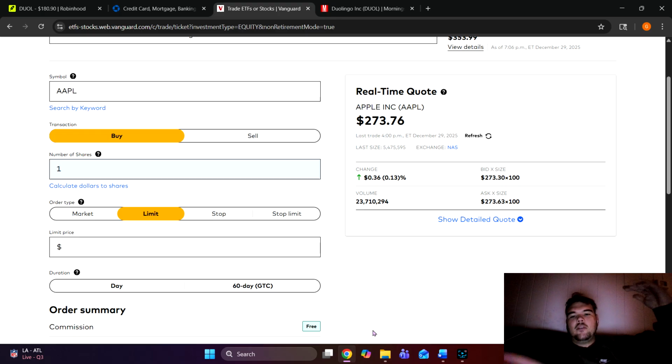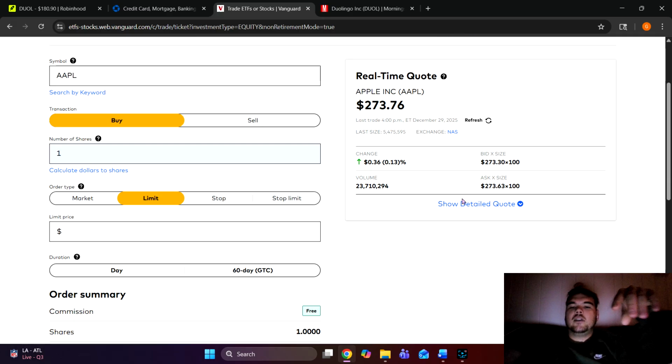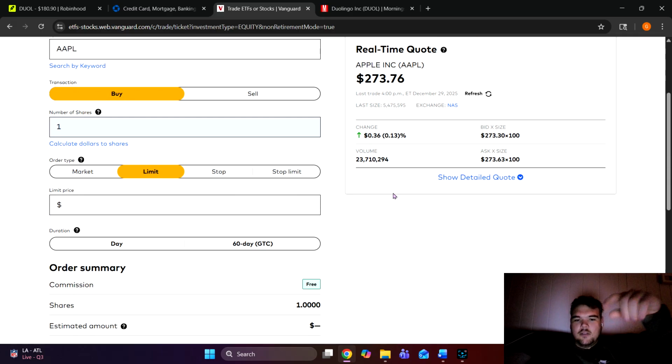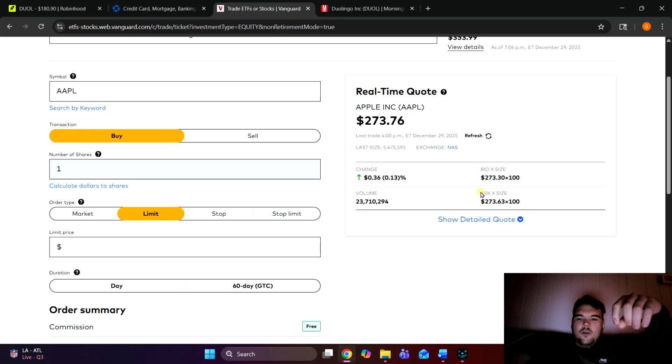When spreads are farther apart, the market hasn't really settled on what the fair price is. The market is the one that tells you what the price of a stock is. There's nothing you can do. The market decides what the stock price is. You don't decide what the stock price is. The market does.